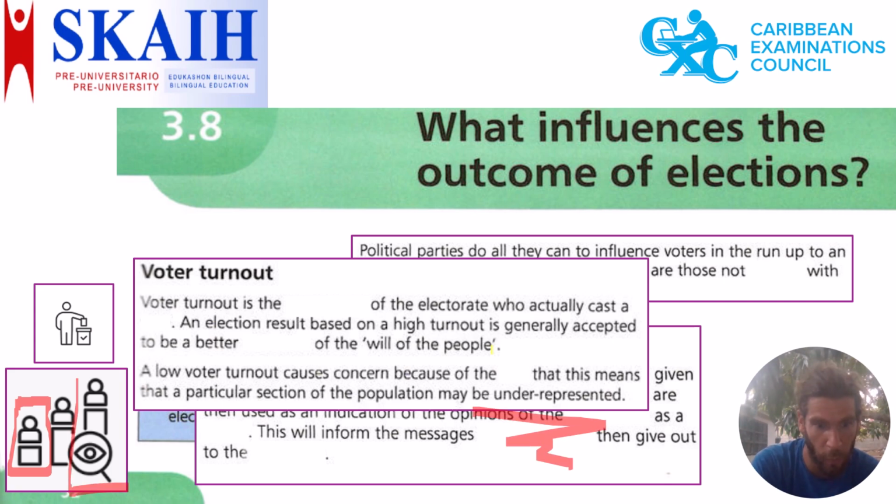If there was a high voter turnout, this is a better expression of the will of the people, because a lot of people turned out to vote. But if there's a low voter turnout, like you can see here, then people will fear that there is a kind of underrepresentation.